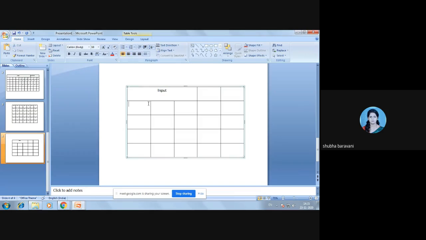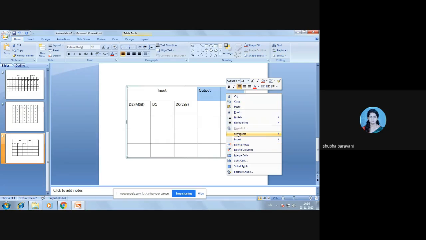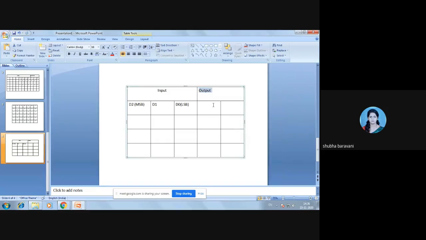Let me say inputs are D2, D1 and D0. D2 is my most significant bit. However, D0 is my least significant bit, giving me the output of Y1 and Y0. You all have done up till here? Drawn the truth table?